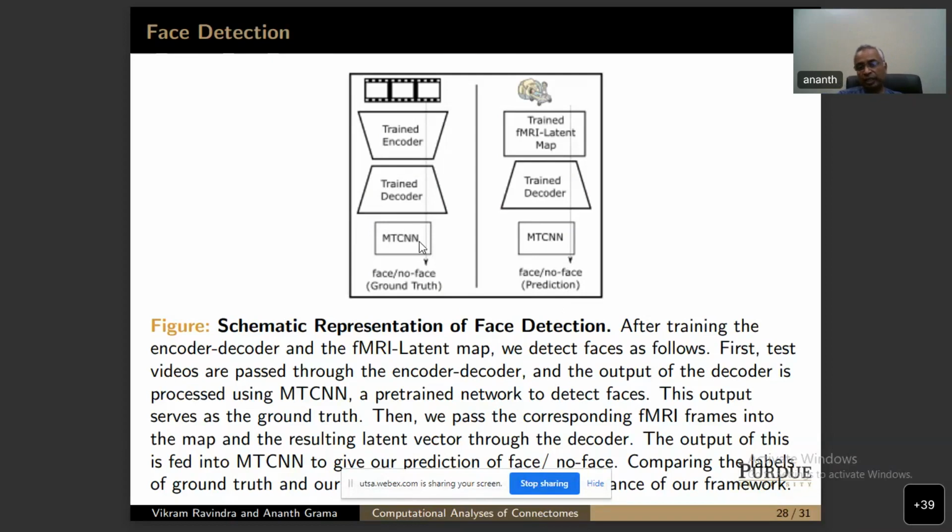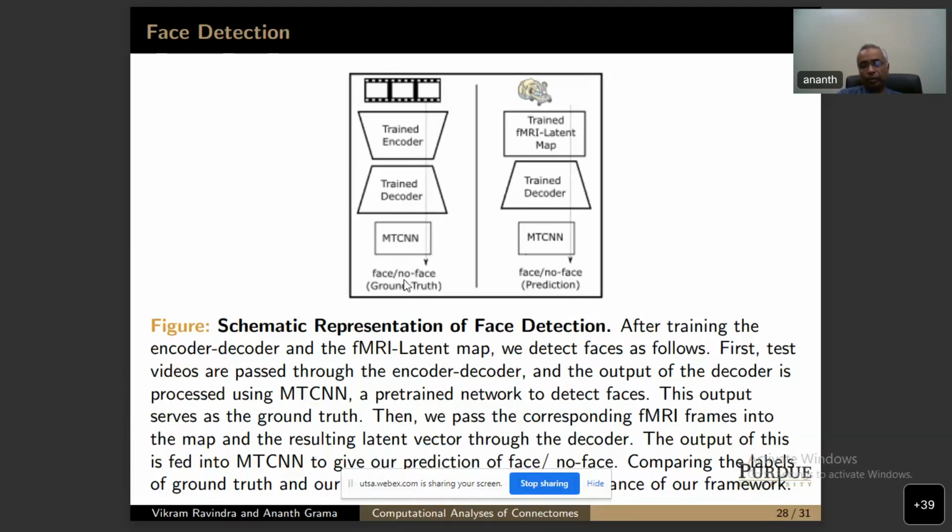So what we actually do is to take a pre-trained neural network. So we don't train this. MTCNN is pre-trained. And we run that pre-trained neural network on the outputs of the encoder decoder applied to the video itself, or the map decoder applied to the MRI. So I'm going to apply the same MTCNN to both, and I'll look to see if I can predict objects here.